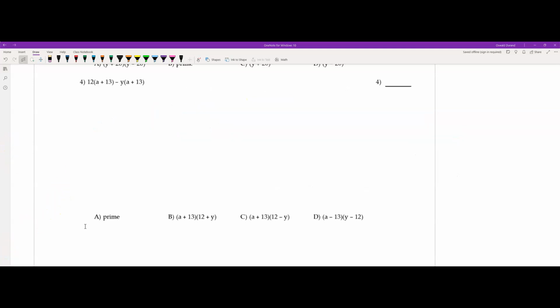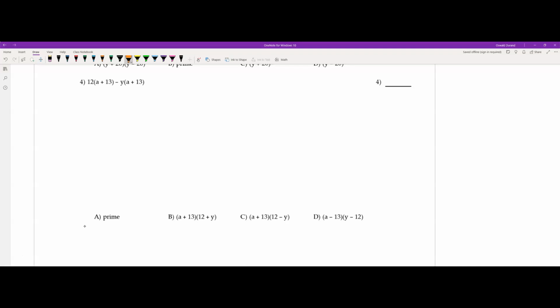Okay, here's a new problem, number 4. This one looks a little bit different than the others, but no worries. So let's look at it. What are we factoring here? Because it's odd looking. If you really look at it, we have a binomial here, which is a plus 13 and a plus 13. So you have two terms, and we need to recognize that we have two terms here.